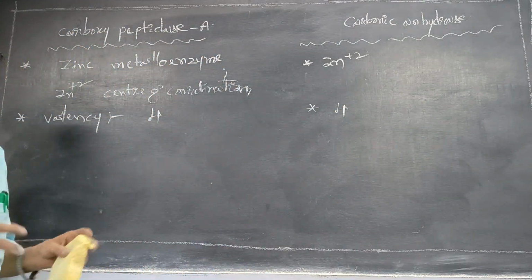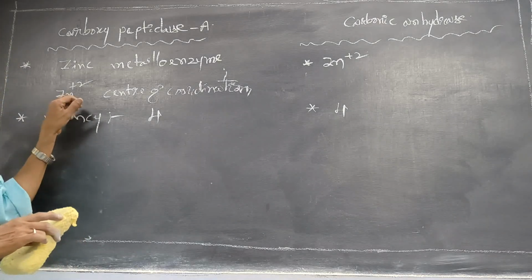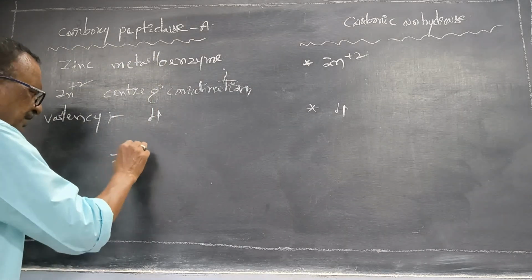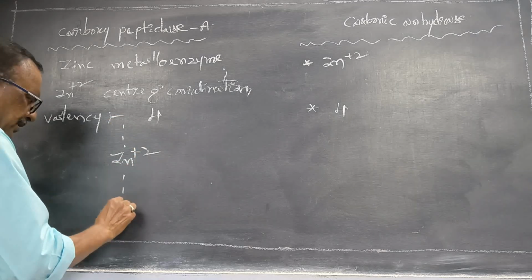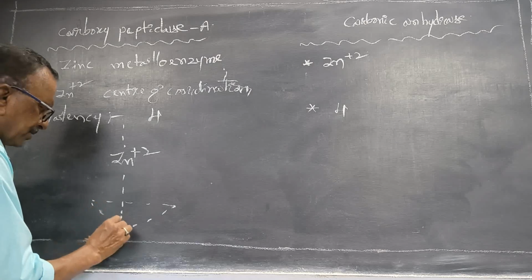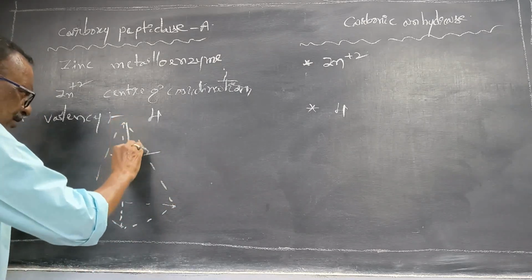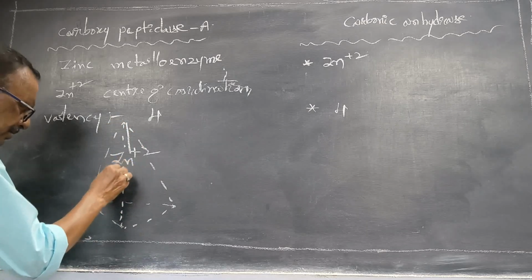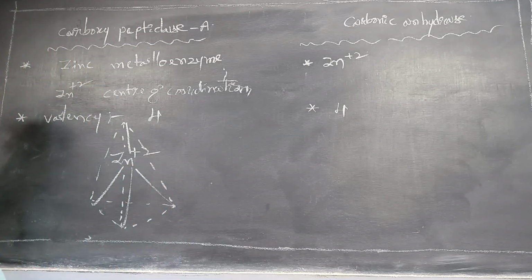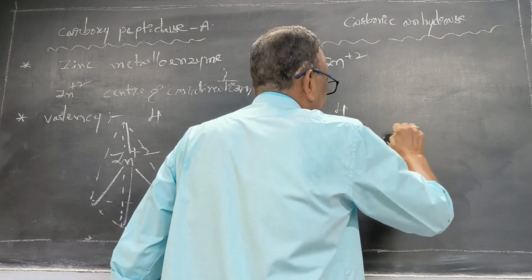That means how many ligands are forming a coordinate covalent bond with this zinc metal ion? Now let us have this one, please. Zn plus 2. You can imagine the form of a tetrahedral structure. One valency, second valency, third valency, and fourth. Here also, I will draw the same, Zn plus 2.